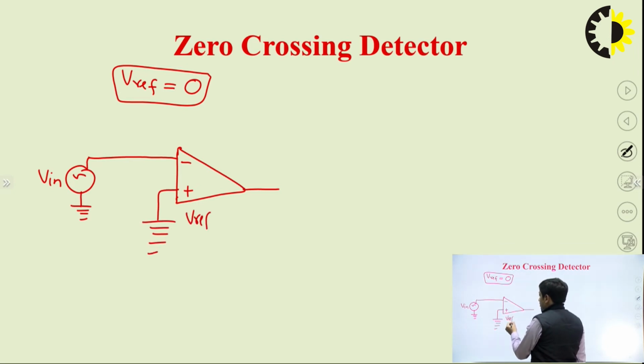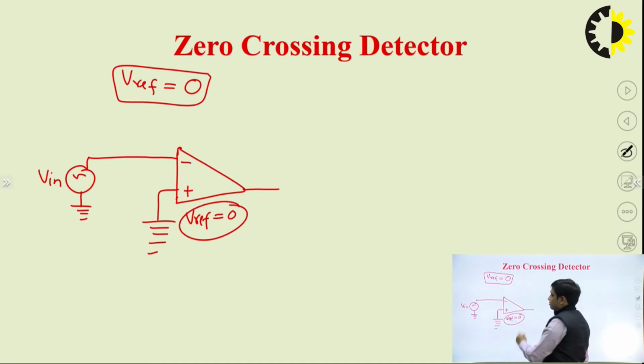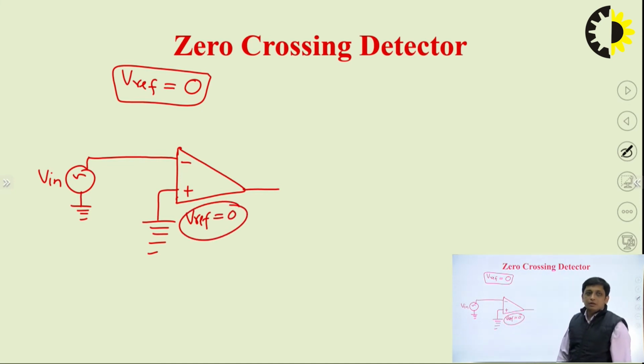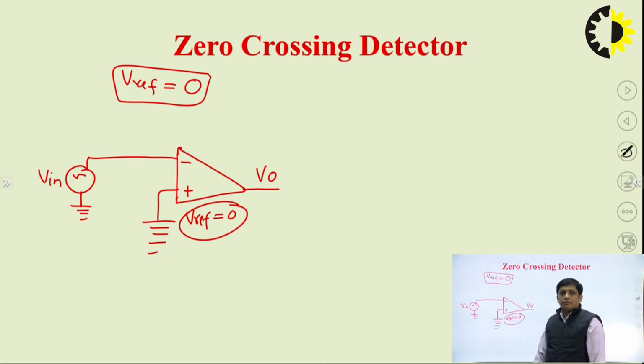So we can write it here, V reference is equal to 0. Now what will be the output voltage? Again you can see this is the open loop configuration of the op-amp. Again the output of the op-amp will get saturated. It means that the output will be either at plus V sat or at minus V sat, depending upon which input terminal voltage is greater, right?